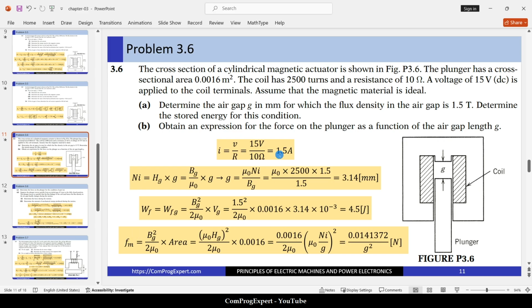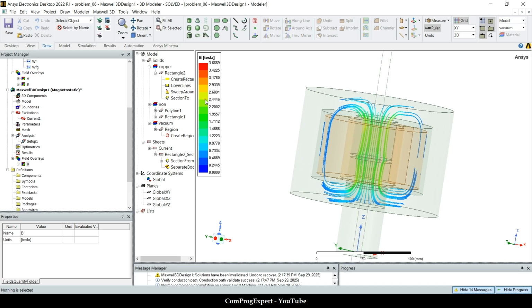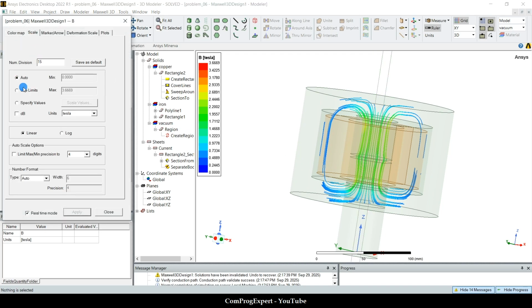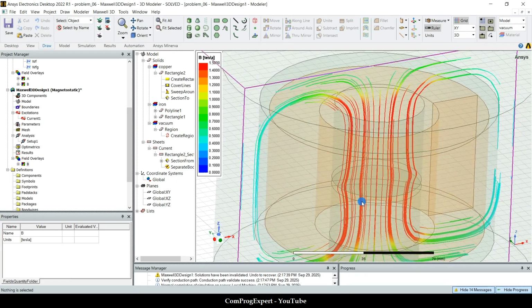Consider that the current is constant for different values of the air gap thickness. Yes, this is the equation that we derived. And here is the value of B. Let's set the scale to 1.5. Yes, we have this flux density level in the air gap.